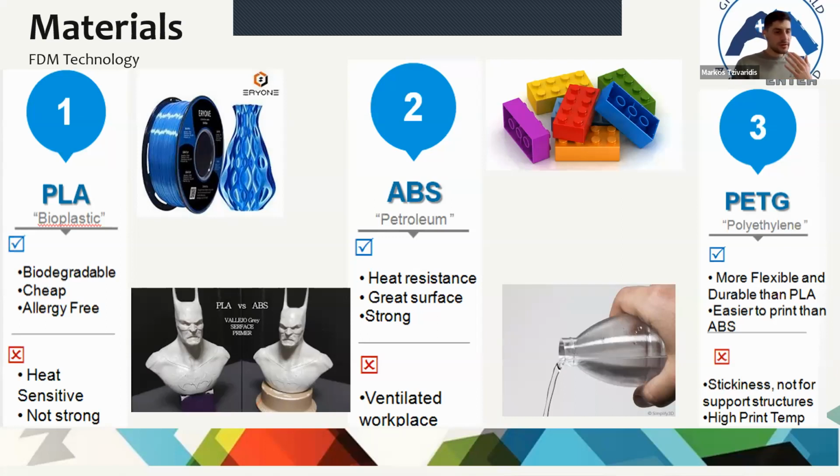The problem here is that we need high printing temperatures. It's very sticky, and it's not good for support structures, which makes it hard to print because we need supports, but not impossible, of course.